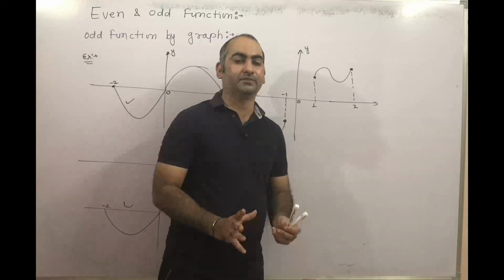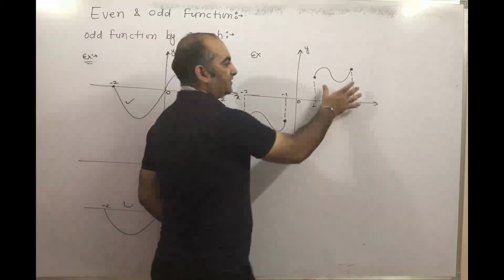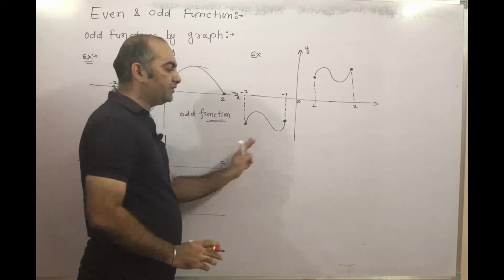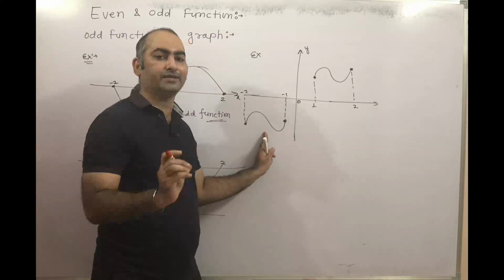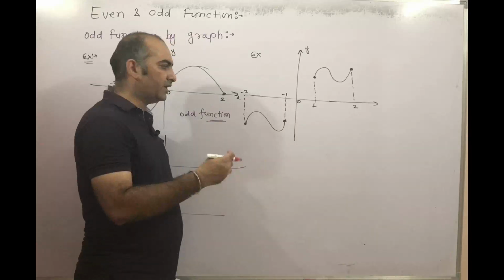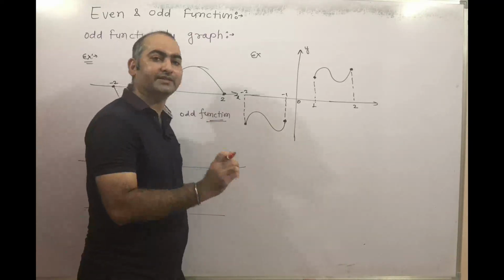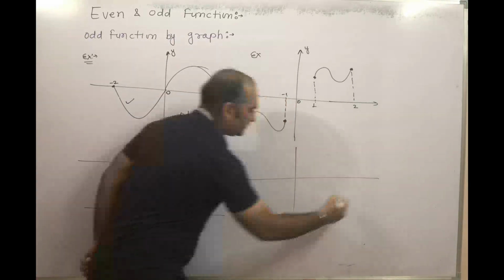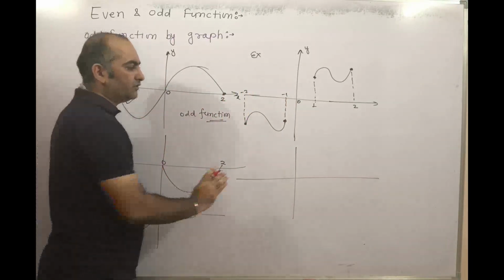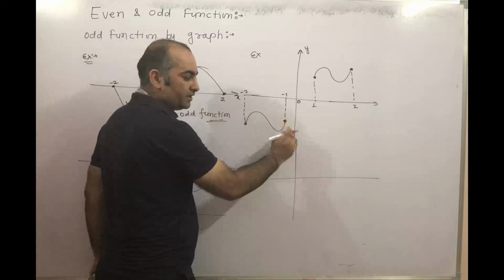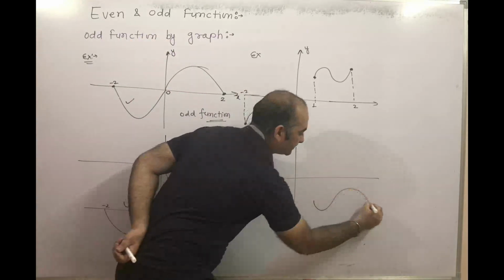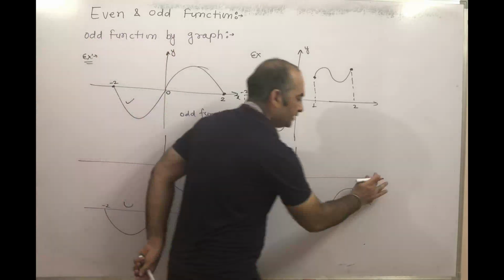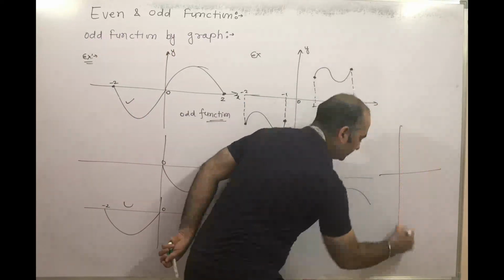After that we have to check rotation. Suppose we take the left hand side graph, this one. We have to rotate this graph with respect to the x-axis and y-axis. You can rotate with respect to the x-axis first or the y-axis first, no problem. Here we rotate with respect to the y-axis first, and this graph will come.